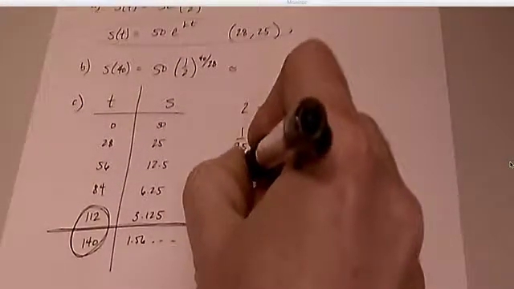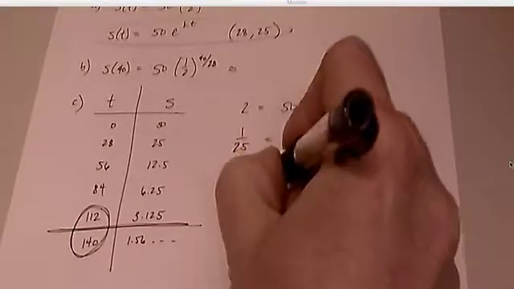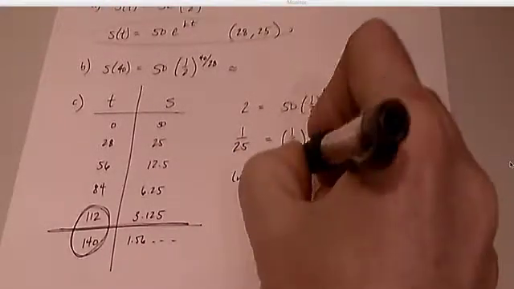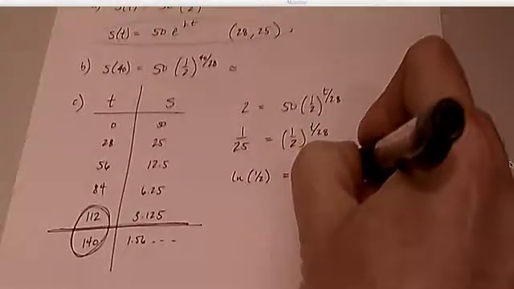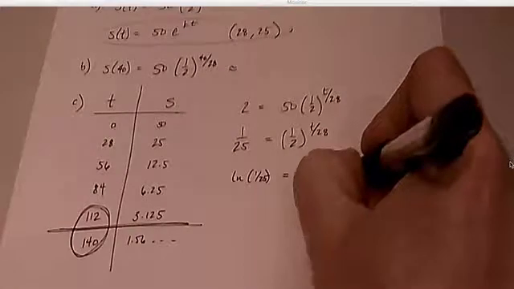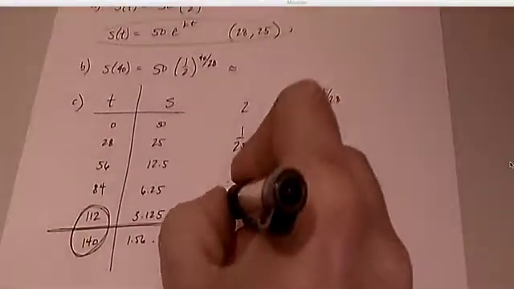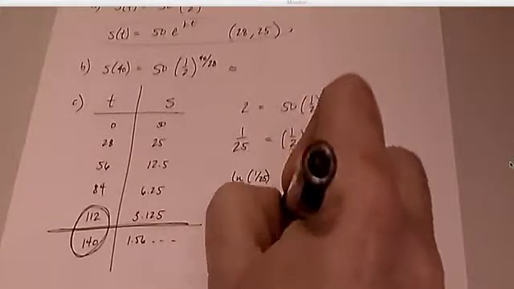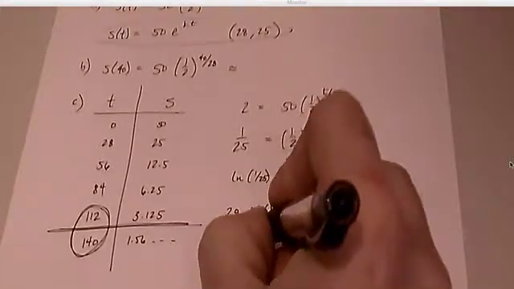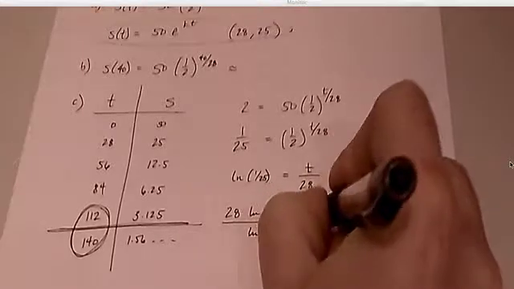So I have natural log of 1 over 25 is equal to t over 28 times the natural log of 1/2. And therefore I have 28 natural log of 1 over 25 over natural log of 1/2 is equal to t.